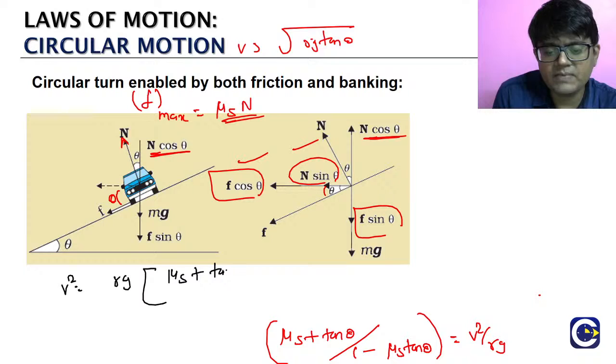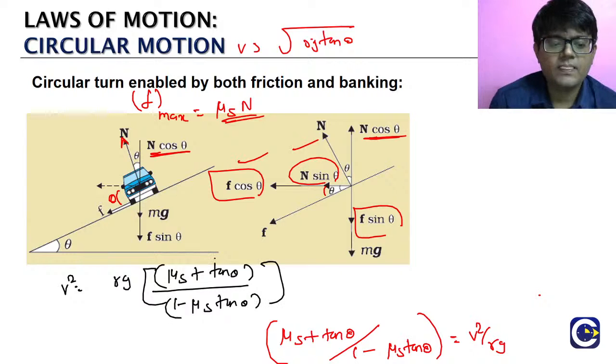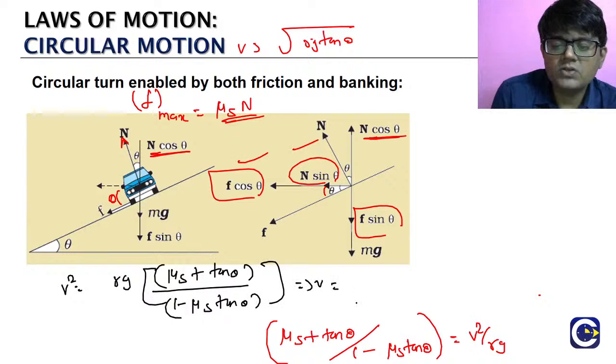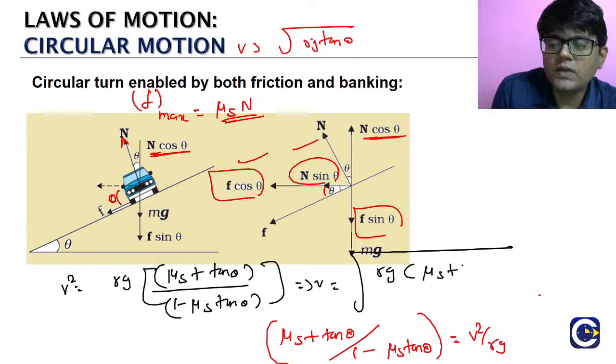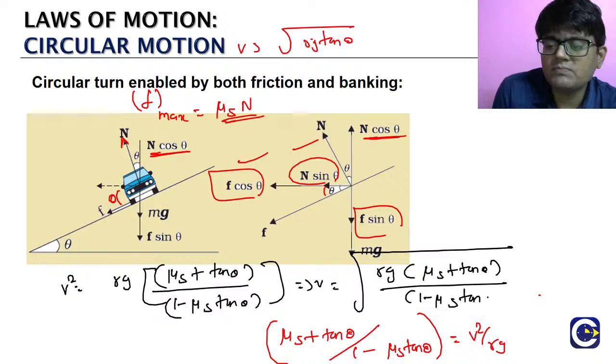Okay, so then v will be root of rg into mu s plus tan theta by 1 minus mu s into tan theta.